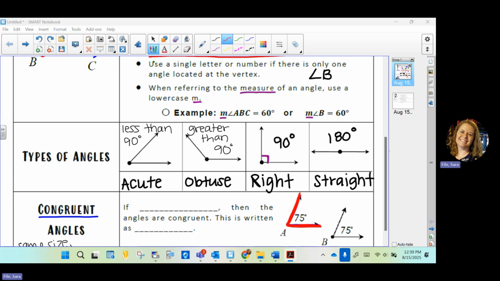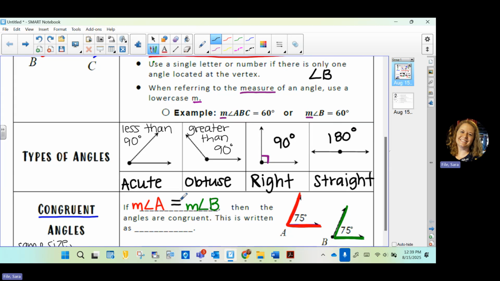We're going to say the measure of angle A is equal to the measure of angle B. I'll do green for angle B here. Because they're both labeled as 75, that means they're equal. So if they are equal, then they are congruent.